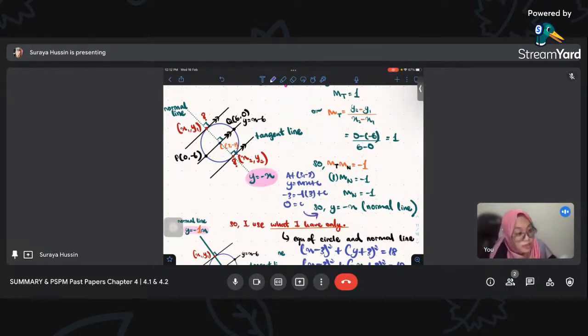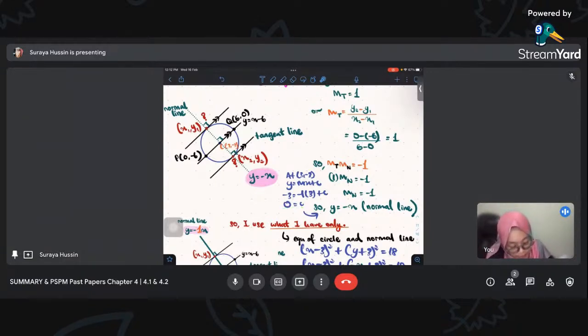So yeah, that's it. This is the reason why the normal line is just -x. Sebab yalah, pada line ini kita ada point center. So yeah, that's why the c is 0.